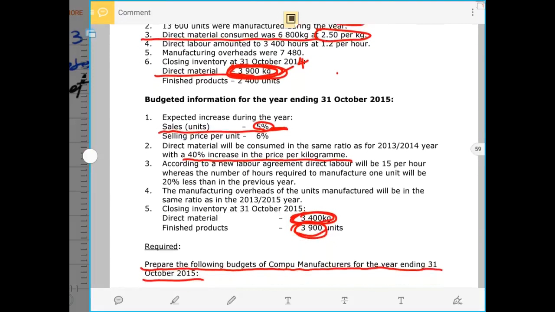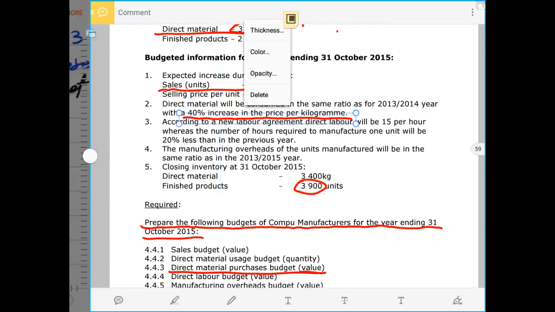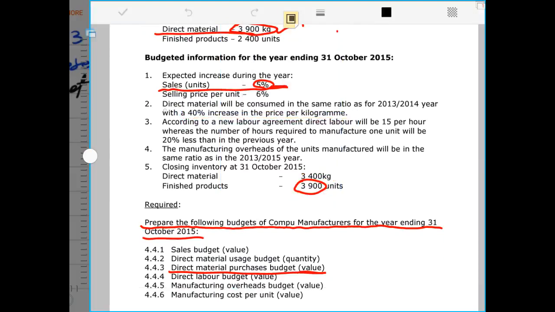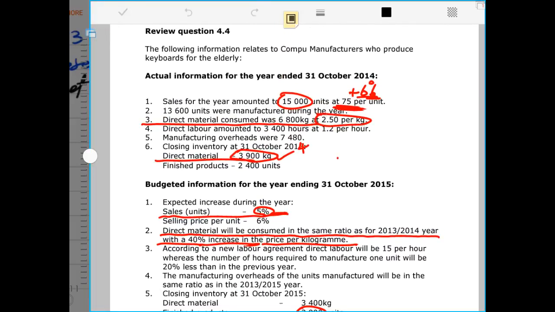And we were instructed that our material cost per kg will have to increase by 40%. That was number 2. Direct material will be consumed in the same ratio as the 2013 and 2014 year, with a 40% increase in the price per kilogram. Therefore now we have to say 2 rand 50 cents times 140%.